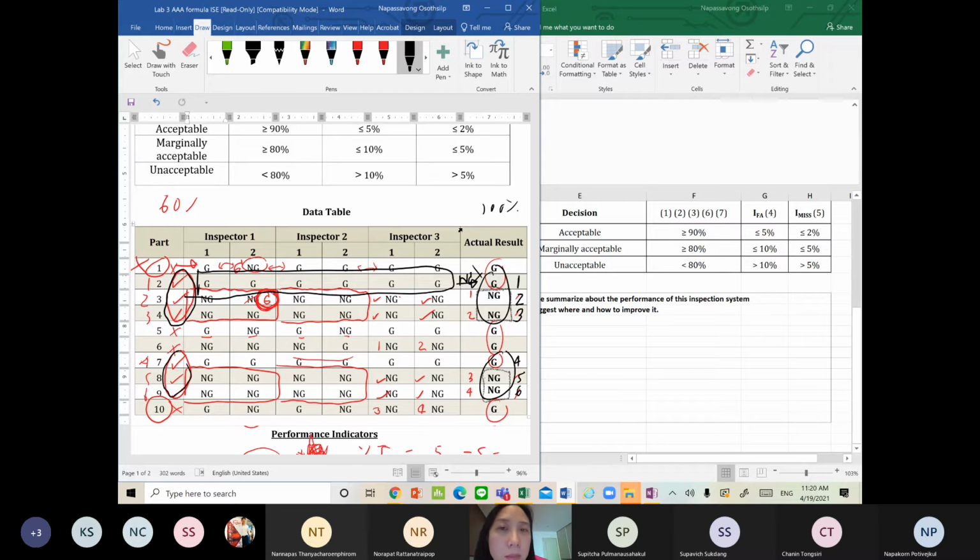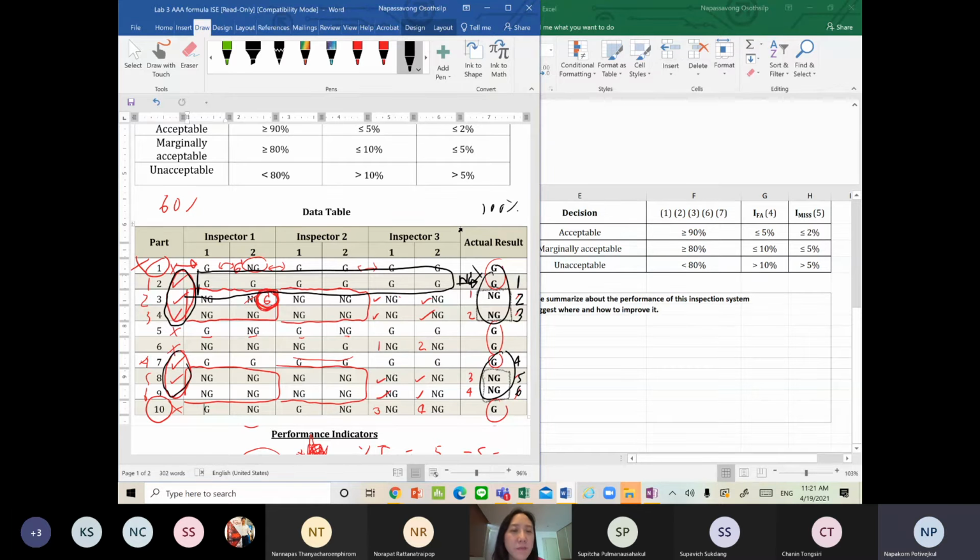Is the number of parts enough, and is the number of replications enough in this case? Anyone want to answer this question? I expect you to answer sometimes, I don't have to randomize you all the time. Can anybody answer this question?